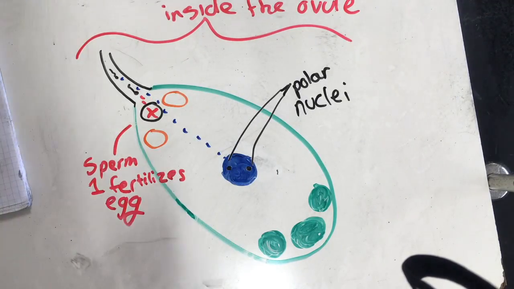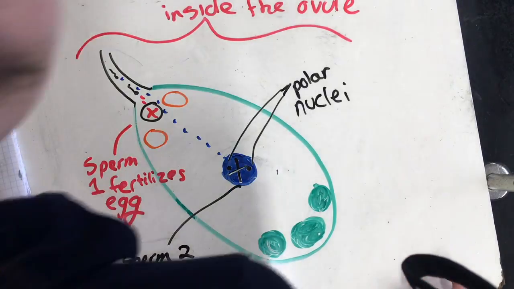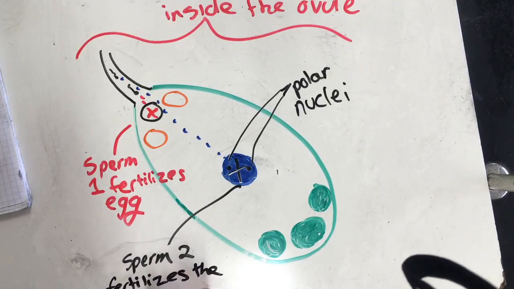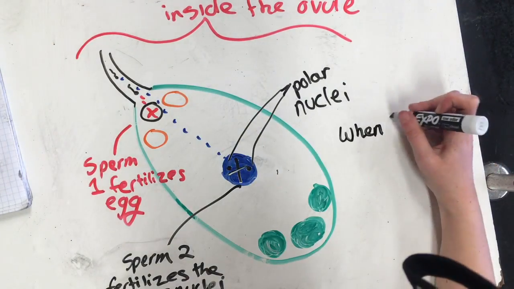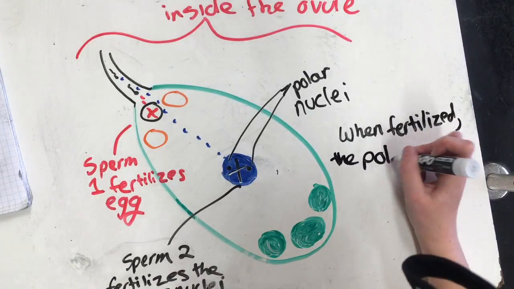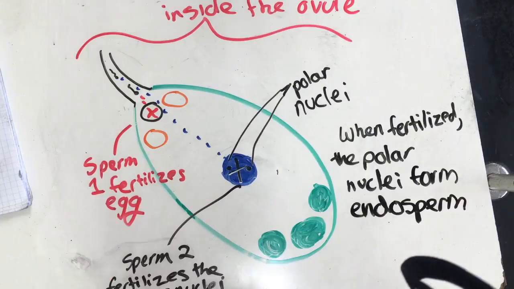Then the second sperm fertilizes the two polar nuclei, which basically become the food source for the egg, and it's called endosperm. Also, guys, I apologize for some of the words being cut off, but I said them, so hopefully you learned them.